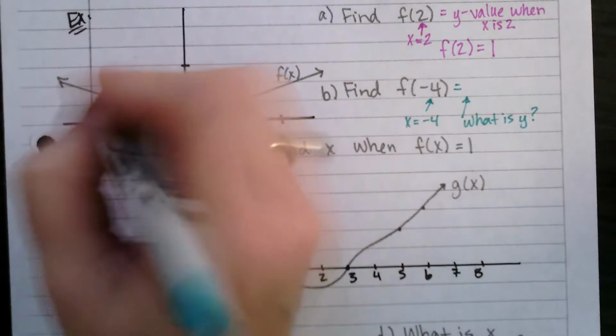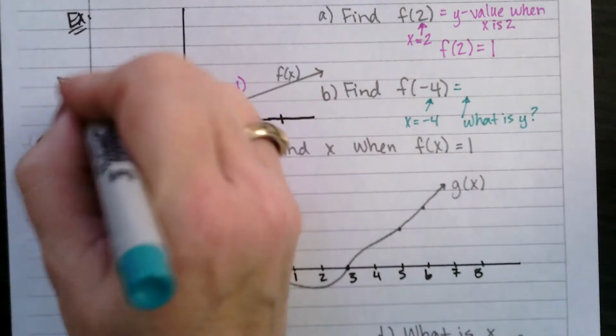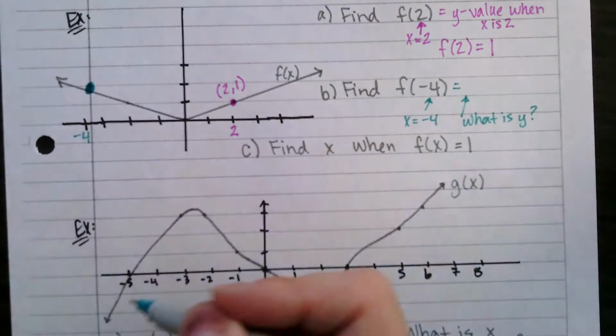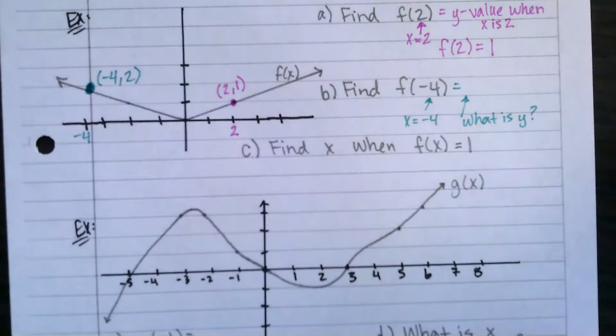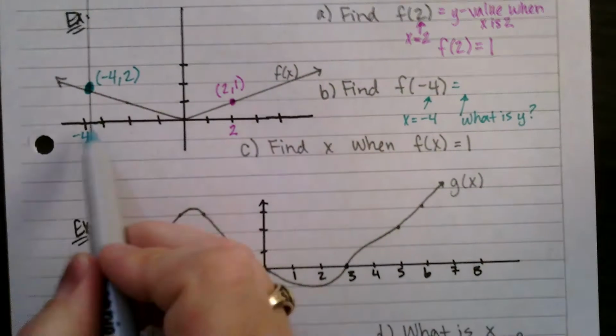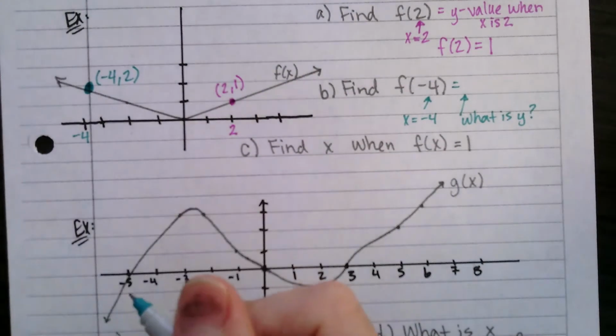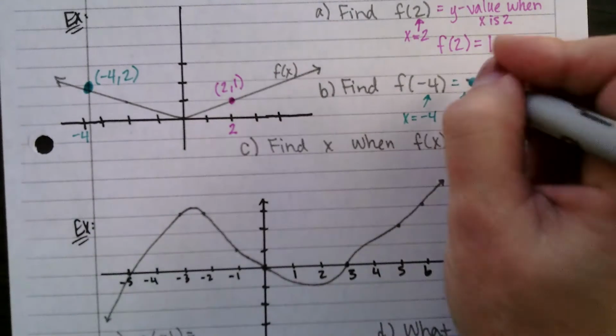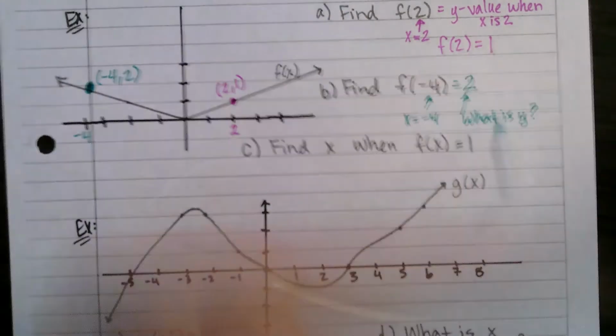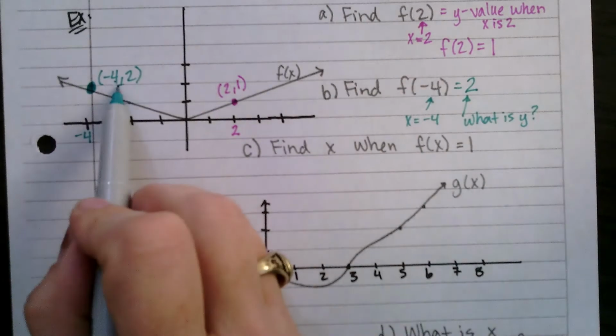We'll pretend it's up here, so it's a nice number. We'll say that ordered pair is negative 4, 2, because that's what I wanted it to be when I graphed it, but I made my tick marks not the right size. So we'll pretend it's negative 4, 2, and then f of negative 4 would equal 2, because that would be the y value for the ordered pair when x is negative 4.